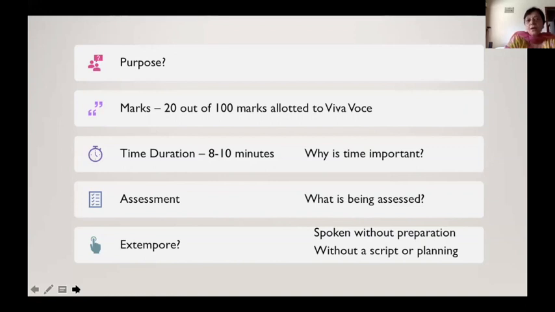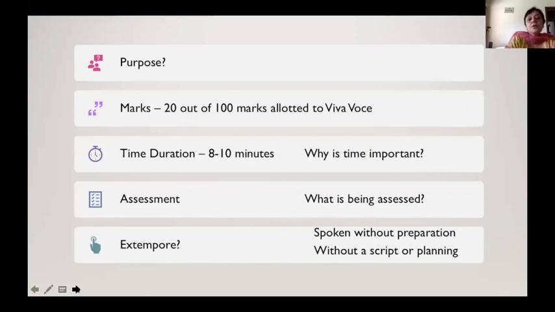Okay, so this section has 20 marks out of the 100 marks that are allocated for the Viva Voce. So it is very important, and this is one section where you can prepare ahead and you can speak for yourself and you can set the tone of your Viva Voce.